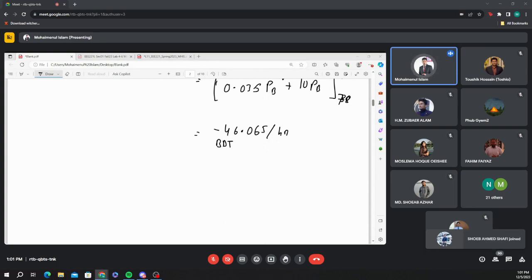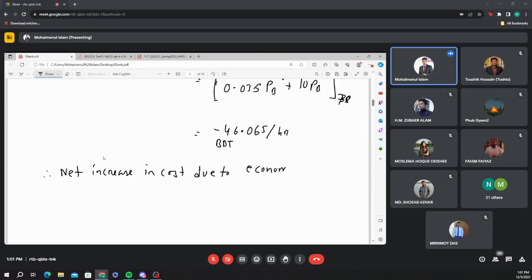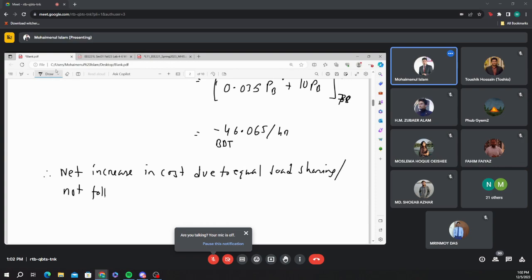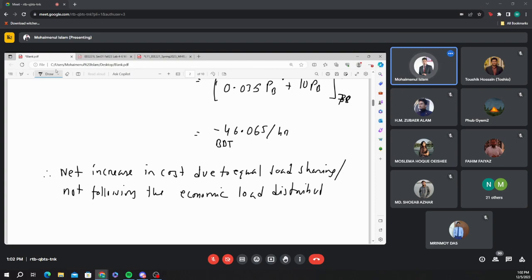So if you just write it here, net increase in cost due to equal load sharing, or we can say not following the economic load distribution.